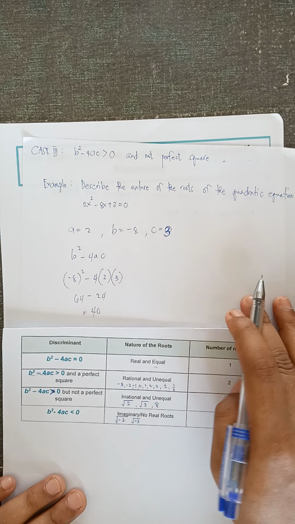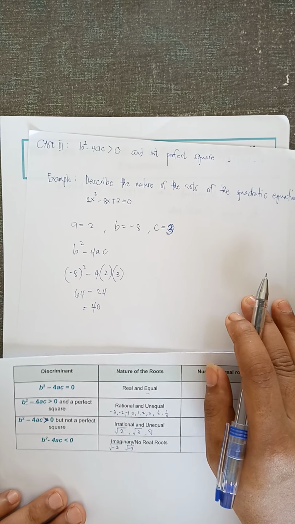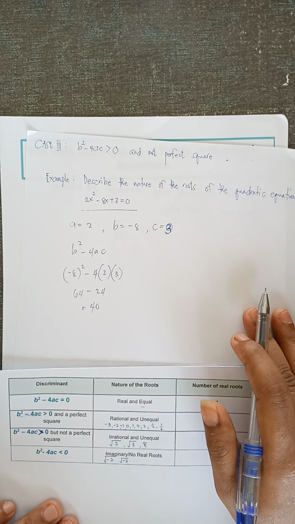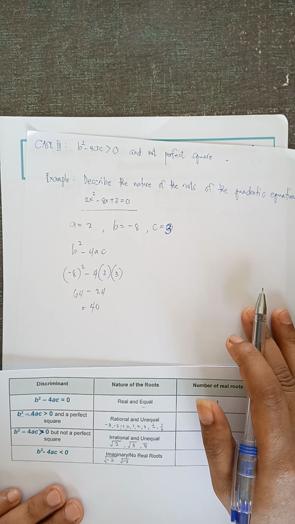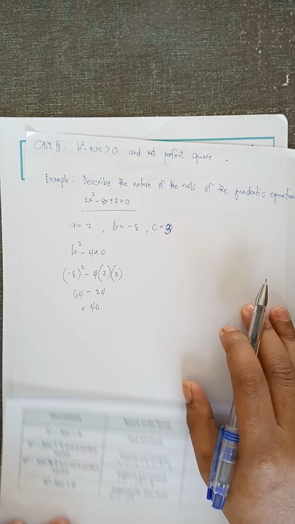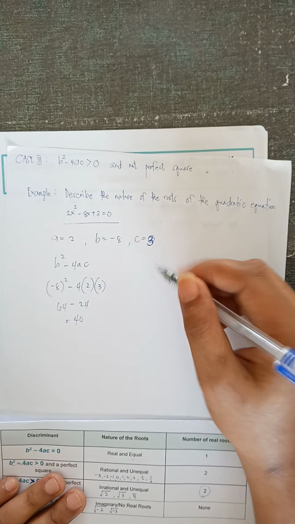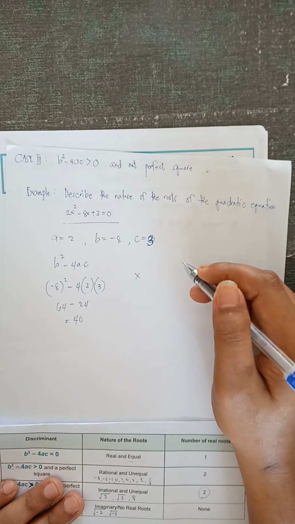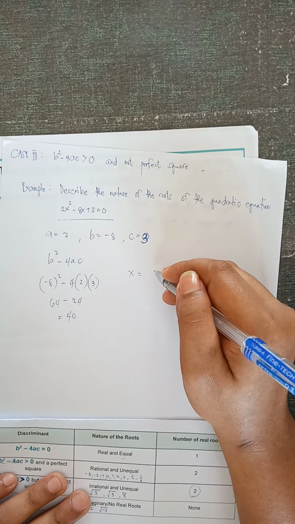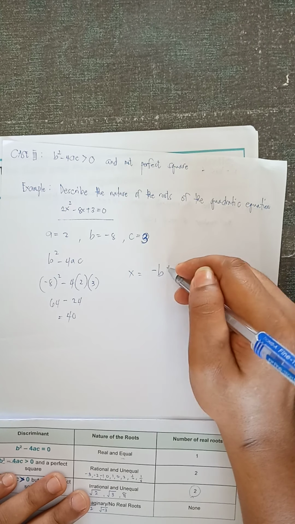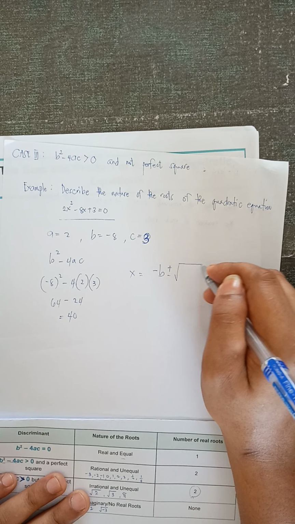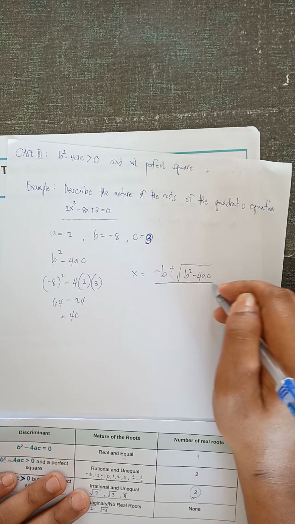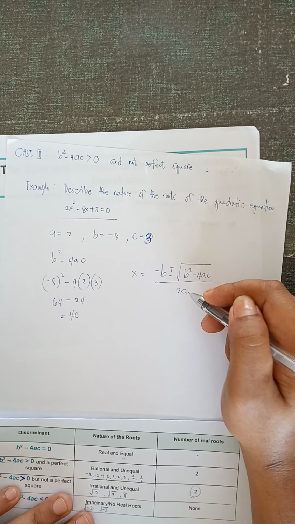Now to check that one, we're going to solve for the values of x. We will find the values of x to identify if they are irrational and unequal. So this time we're going to use the quadratic formula. So in our quadratic formula, we have x is equal to negative b plus minus square root of b squared minus 4ac all over 2a.